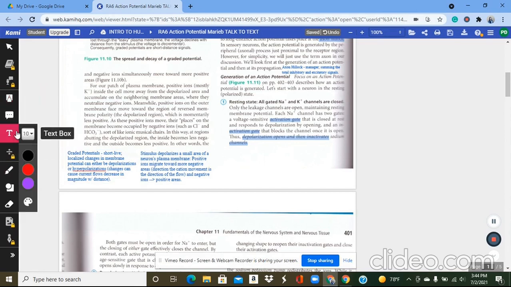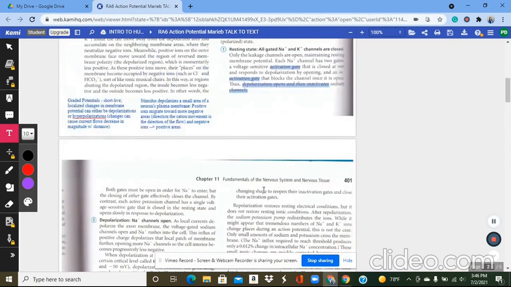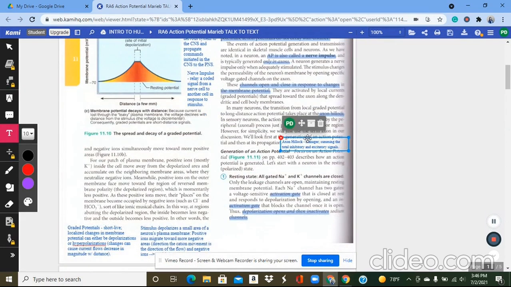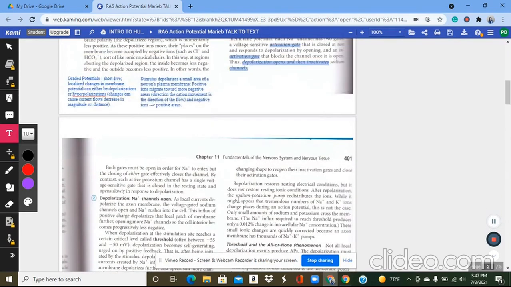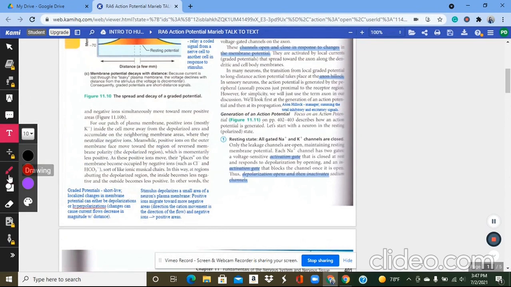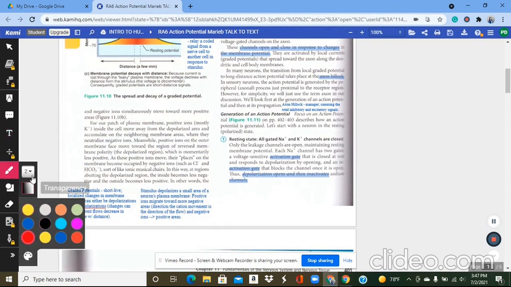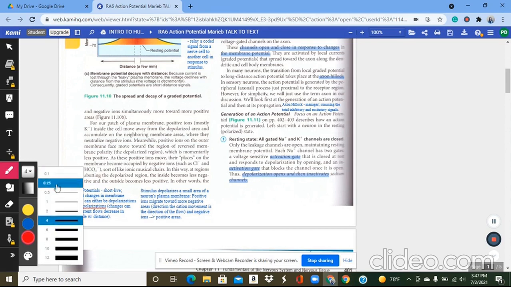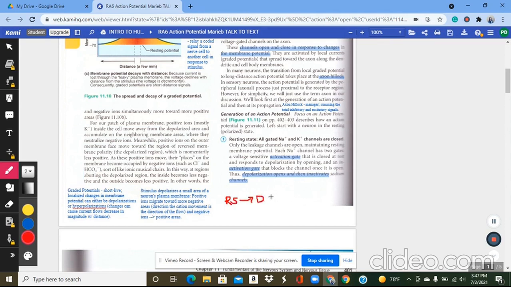So from how I interpret it, from the resting state to the depolarization state, or the depolarizing phase, this will be from closed.